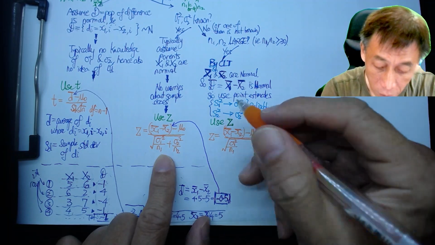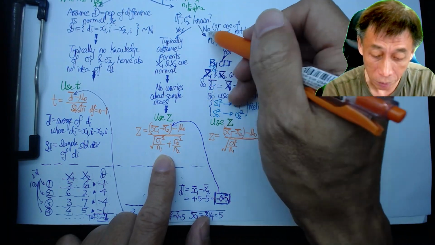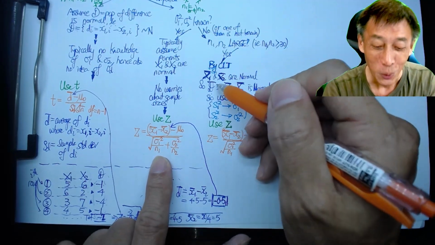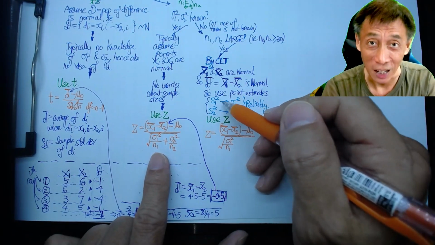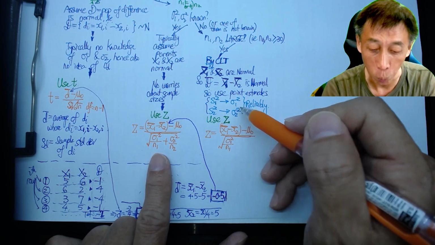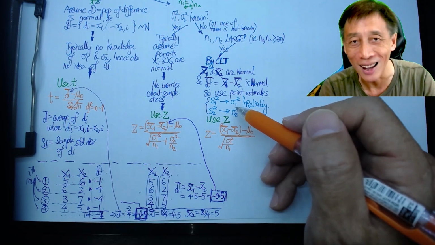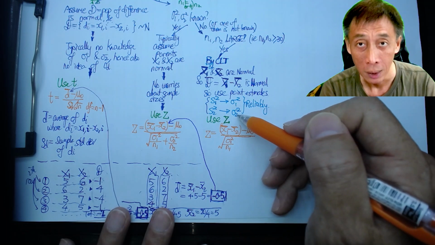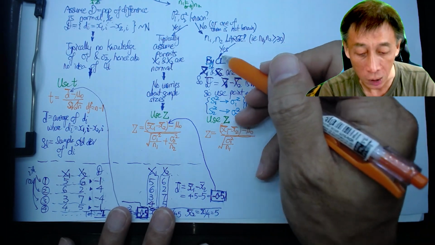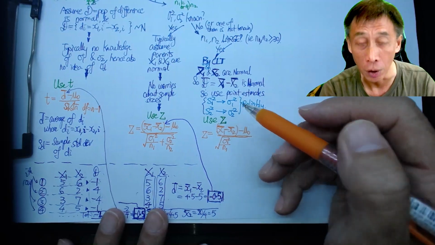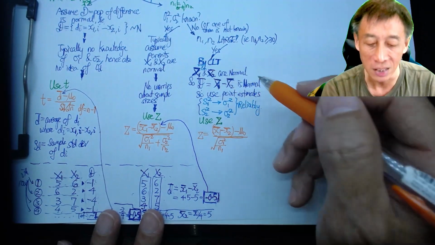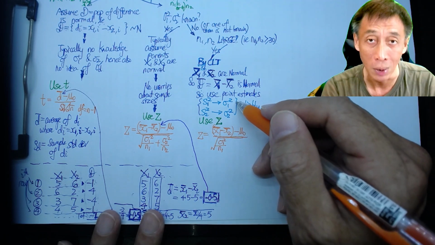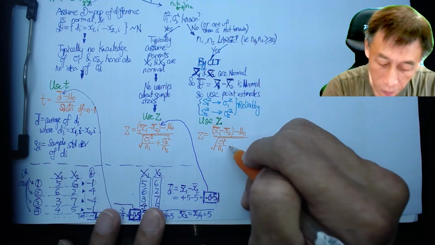But if you trace upwards, we don't know sigma 1 square and sigma 2 square. Fortunately, we can use S1 square and S2 square as point estimates. That means treating them as if we knew sigma 1 square and sigma 2 square, which is fine, because we checked that N1 and N2 are large. So CLT guarantees it's normal, and the point estimation is going to be reliable thanks to our hard work.